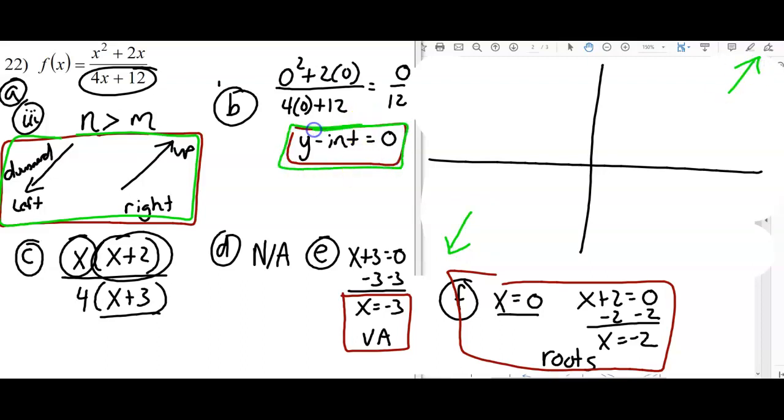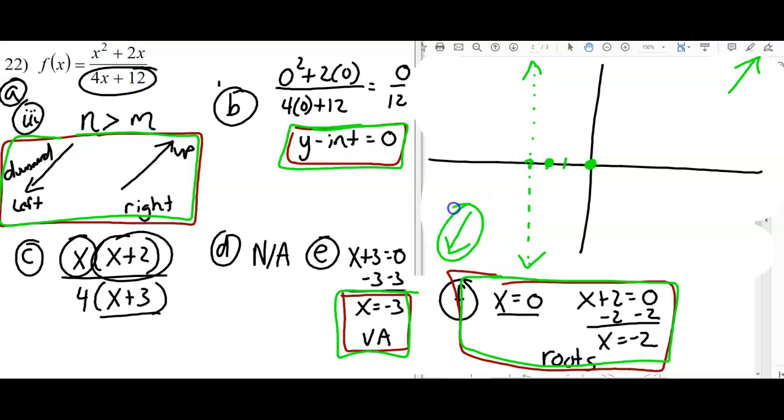My y-intercept is 0, so it touches the y-axis at 0. I have a vertical asymptote at -3. And I've got roots at 0 and -2. And there's that.